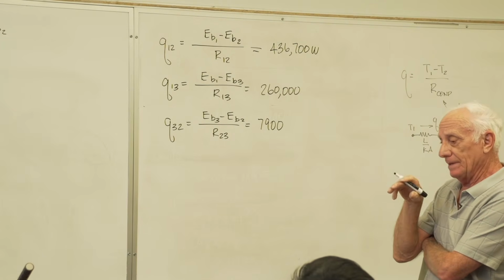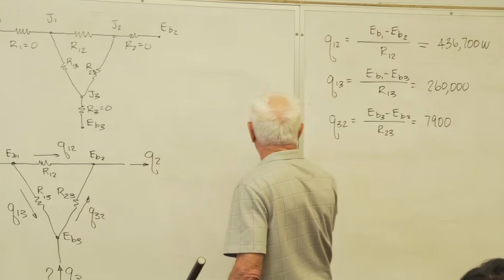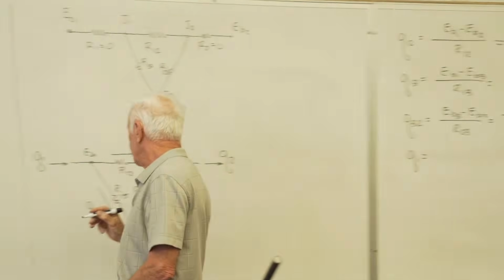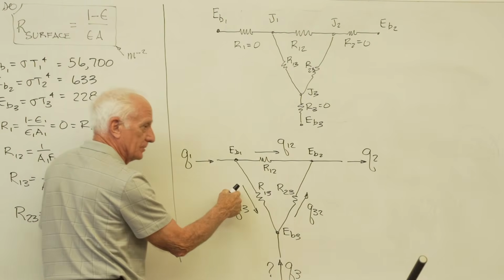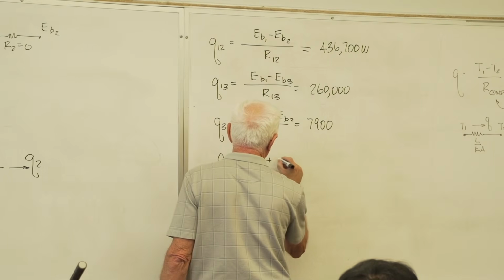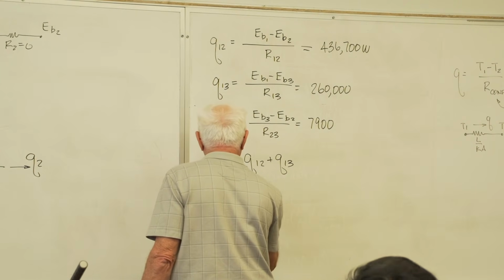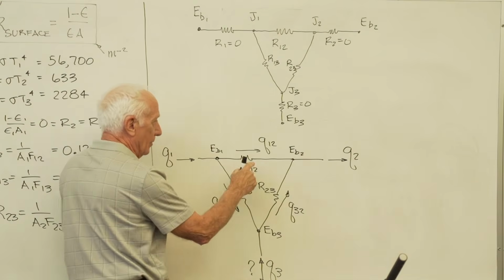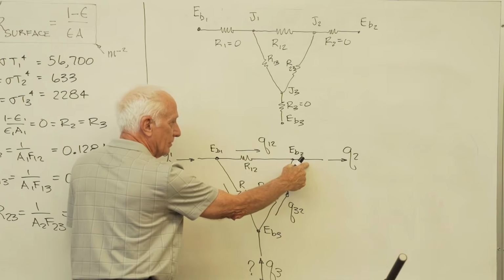Okay, got them. Now, let's get the other 3. Let's get Q1 first. If you look at the sketch, you'll see what Q1 is. Look at the arrows. Q1 comes in. What goes out? Q12 plus Q13. Let's go to node 2. Node 2, EB2. What comes in? Q12, Q32. What goes out? Q2.